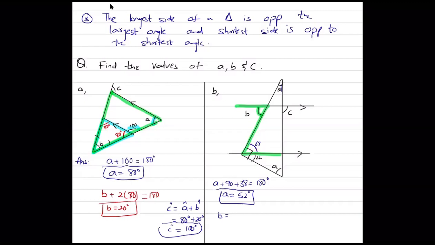If this angle is 68, then angle B must also be 68 degrees. The reason is alternate angles.